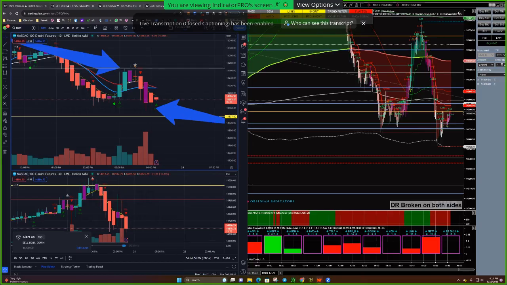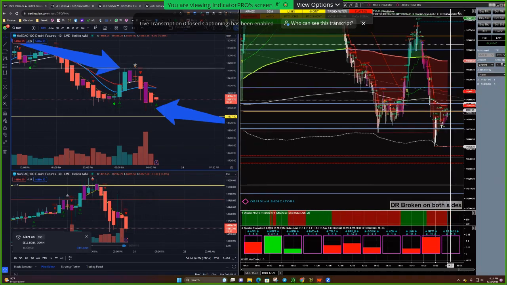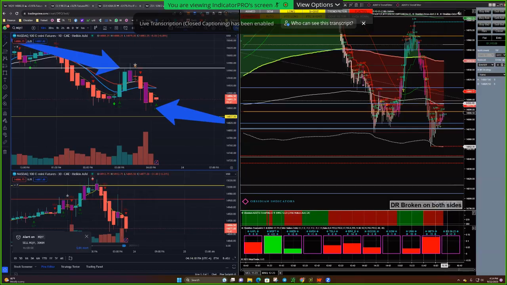Somebody know how to mute the sound on NinjaTrader? Are you trying to mute the signals? Yeah, just temporarily. You can go in your volume mixer, bottom right.